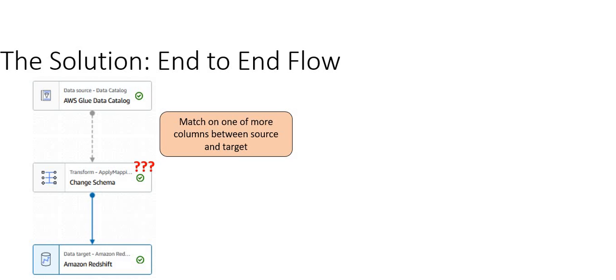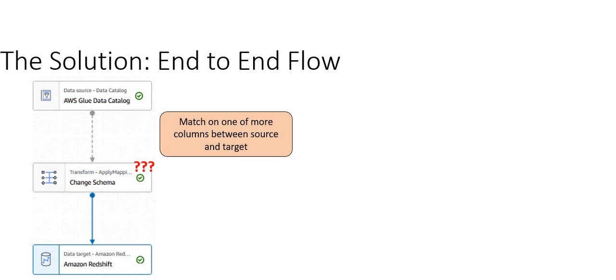Sometimes it might happen when you're reading data from the source that your source column and your destination column could not be the same. They might have different names, like customer ID could be customer number between source and target.